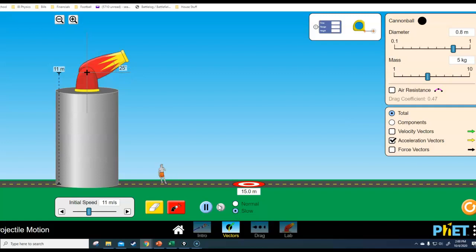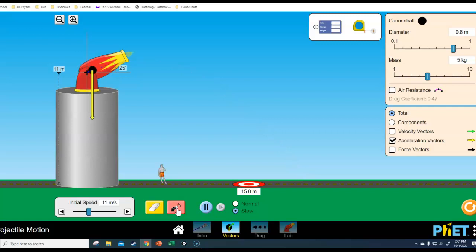And I want you to see how the acceleration of the projectile changes when it's launched. So this is that yellow arrow that you see right here. And notice that as it goes through the air, the acceleration does not change. Why does it not change? Because it's in free fall, and objects in free fall have a constant, not changing, downward acceleration due to gravity. And then, of course, when it hits the ground, that goes away.